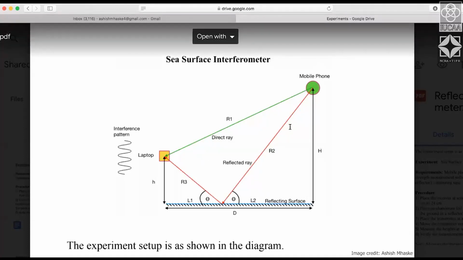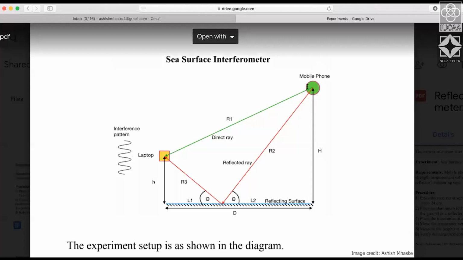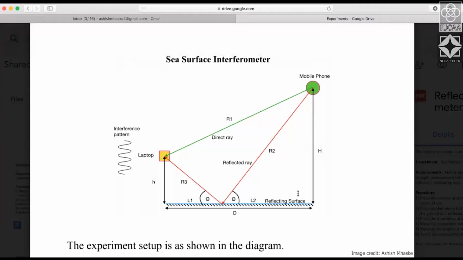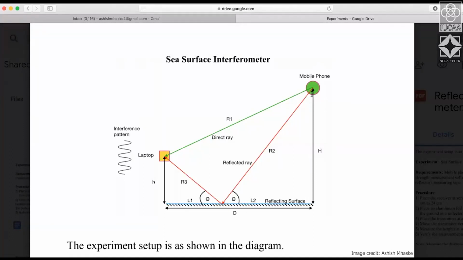This is a simple ray diagram, and you can actually use simple geometry to calculate what should be the path length, path differences given these quantities. You can find out the path difference in terms of the known quantities and verify that with your observations. So this is the rough idea of the experiment.